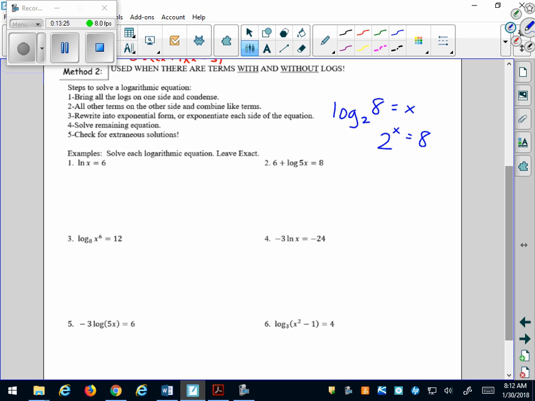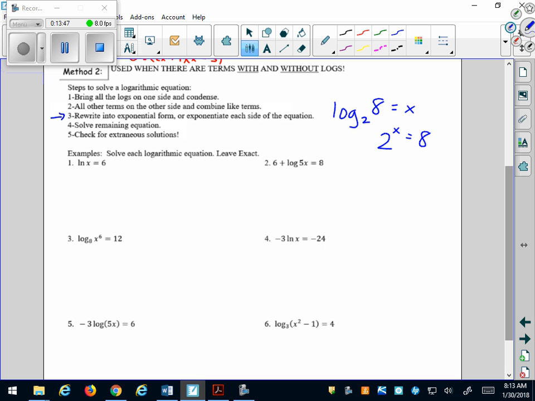So that's what this means right here. Rewrite it in exponential form. If you get all the logs to one side and condense them, you just have one log statement. And then you have a whole number on the other side, so you should be able to then make it something you can solve.